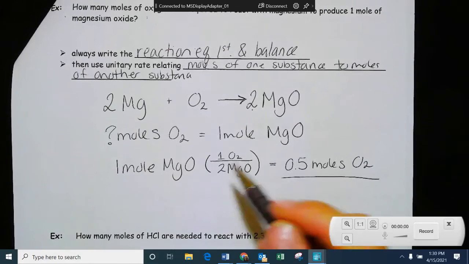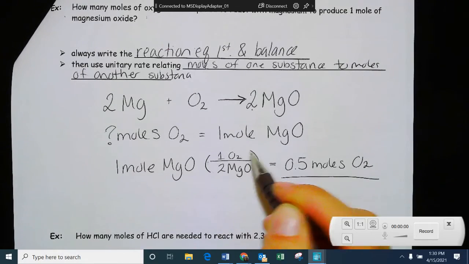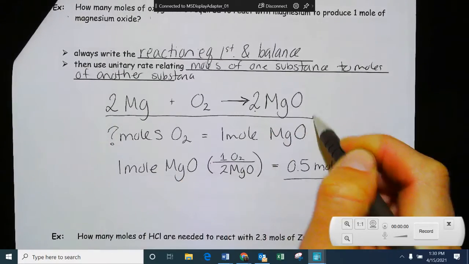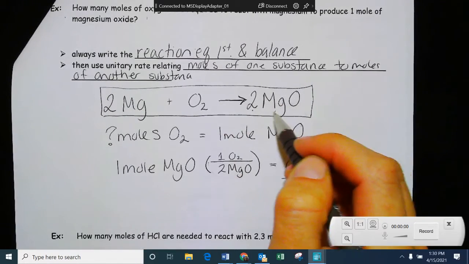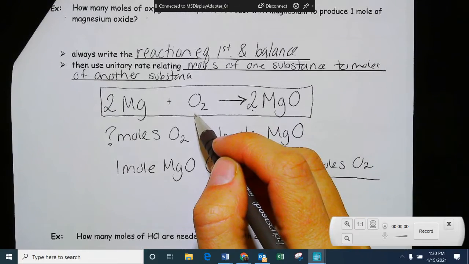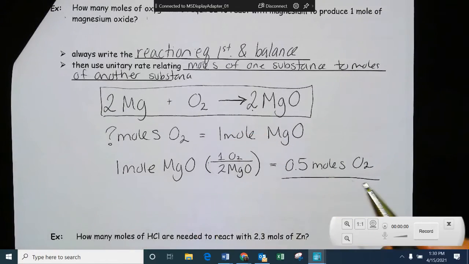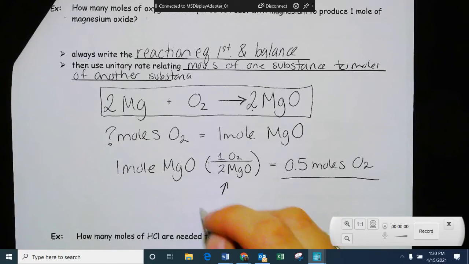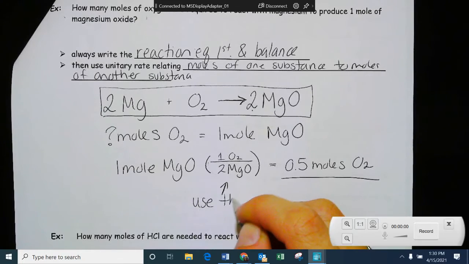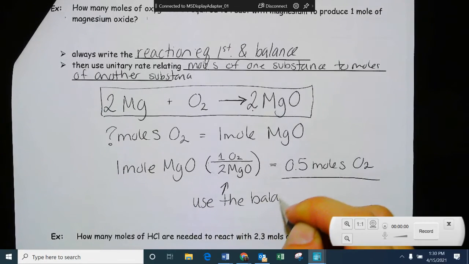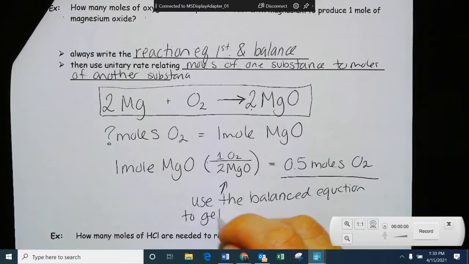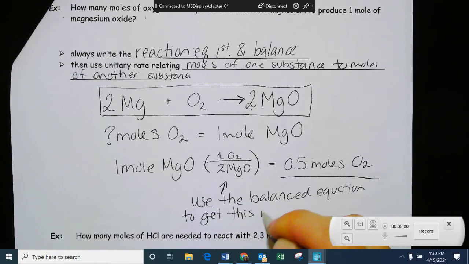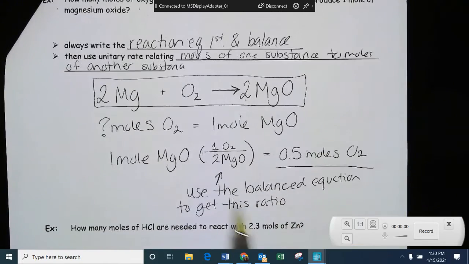Why did we take this? Why is this the ratio? Because in the balanced equation, there are 2 magnesium oxides for every 1 oxygen. So you use the balanced equation to get the ratios.